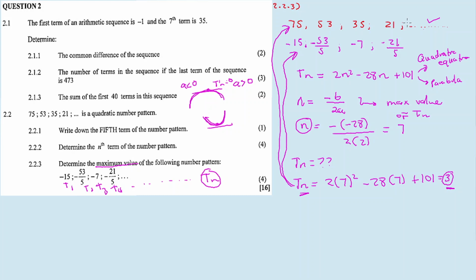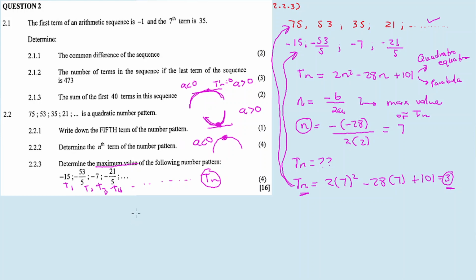And by the way, this old number pattern has a minimum value, because a is greater than 0. The old pattern has a minimum value, but the new pattern has a maximum value, because its a will be less than 0. So this new number pattern has the maximum value. This one has a minimum value.